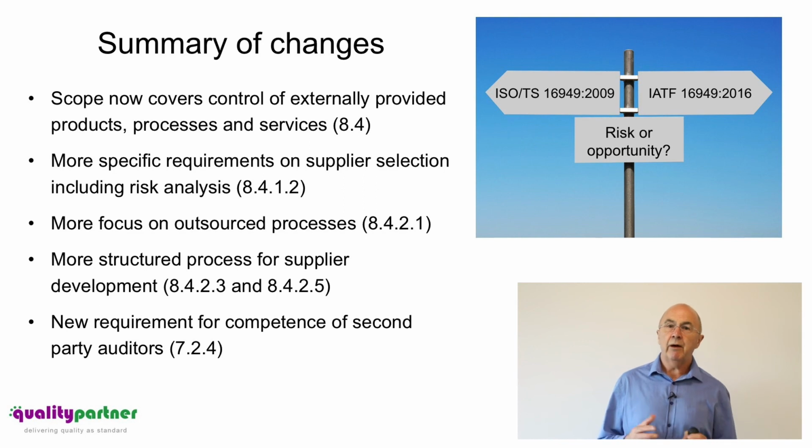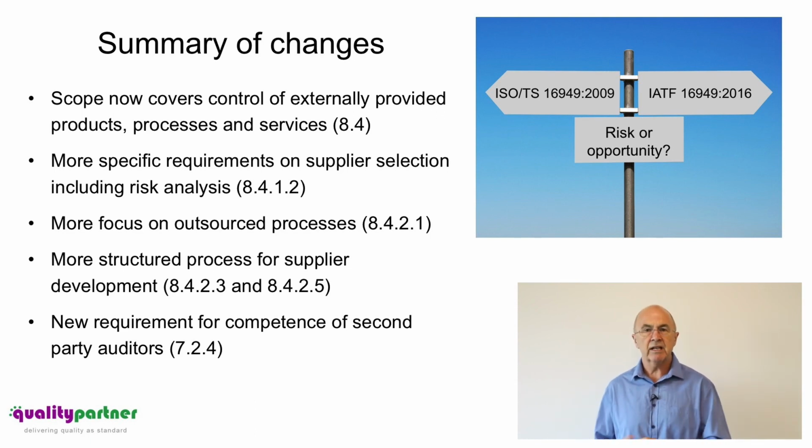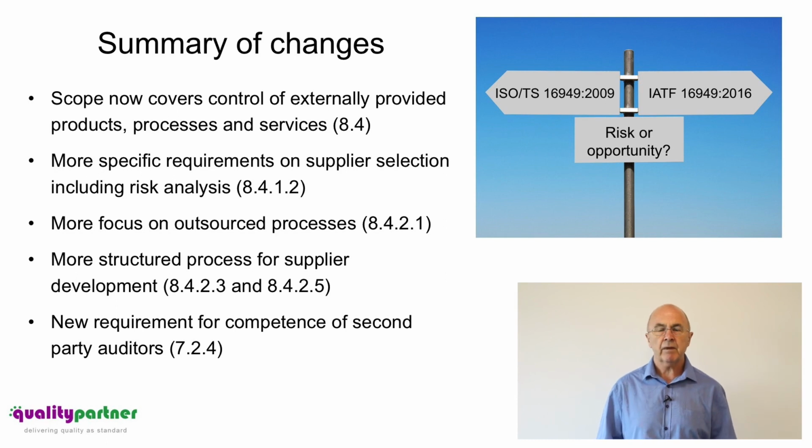So the scope now of supplier management covers not only externally provided products, but also products and services. This is led by the change in ISO 9001-2015. So it's got a much broader requirement. There's far more specific requirements about supplier selection, including how do we understand the risk in selecting a new supplier.